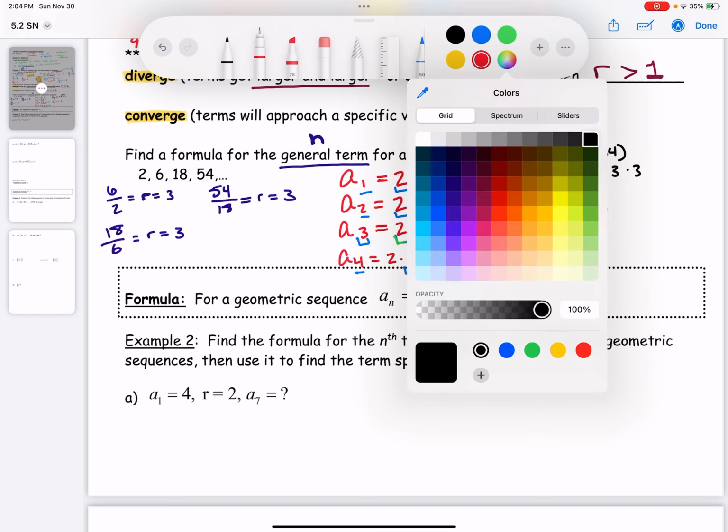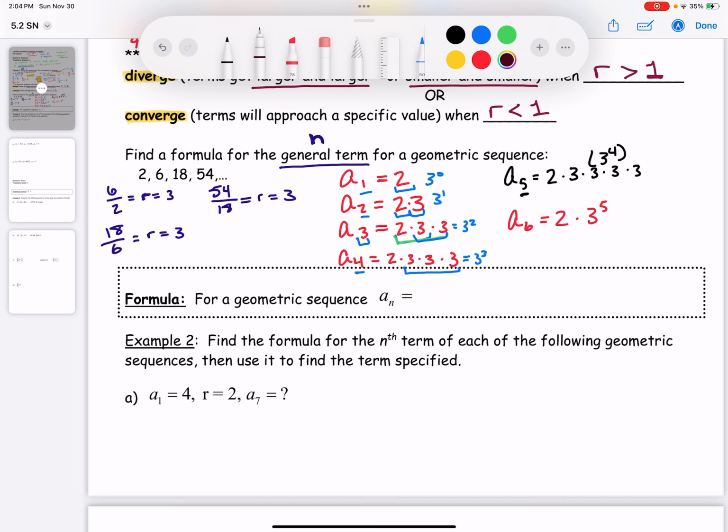And if we were looking for the seventh thing, it would be 2 times 3 to the sixth. So if we were to write that out, it looks like An equals A1 times my ratio to the n minus 1 power. And that's going to be our formula for geometric series.